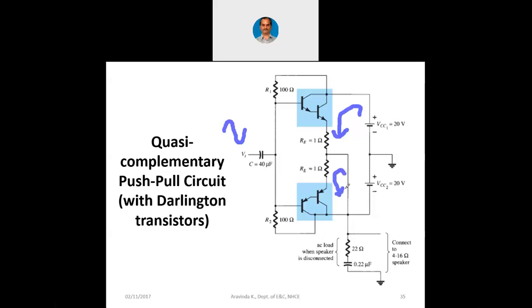And that is when you can see the ground is here, the same ground is here. That means the load is connected in between these 2 points. If you ignore the AC load when the speaker is disconnected temporarily, wherever I have marked here, between these 2 points, let me write it neatly.